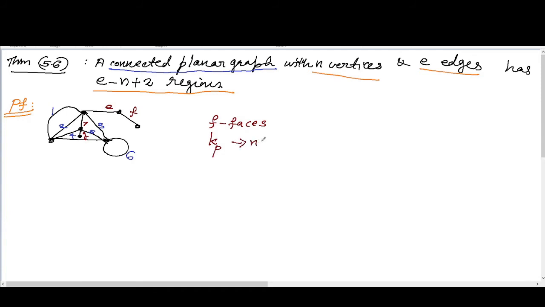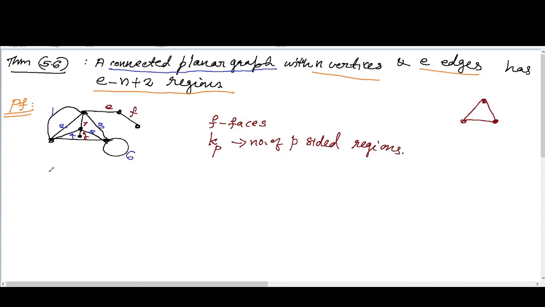Now, the smallest region is given by 3 edges, so 3 edges are necessary to have a region. Since each edge is on the boundary of exactly 2 regions, you can see that each edge is on the boundary of exactly 2 regions.